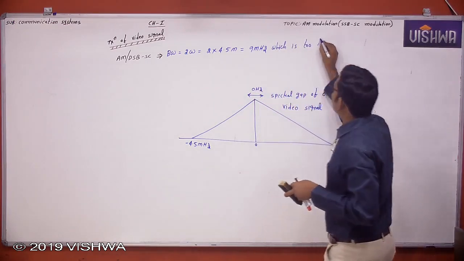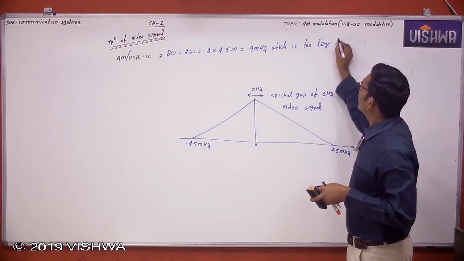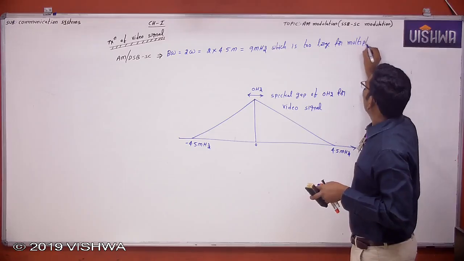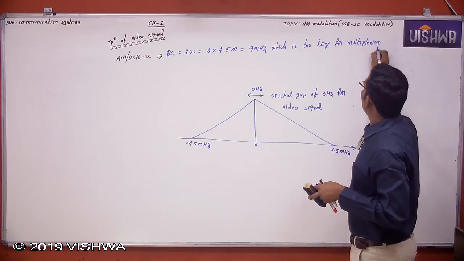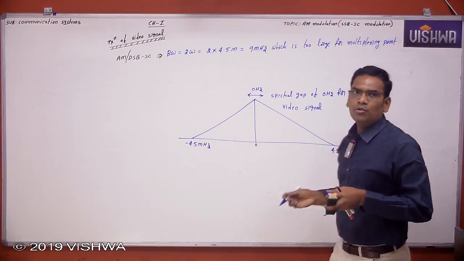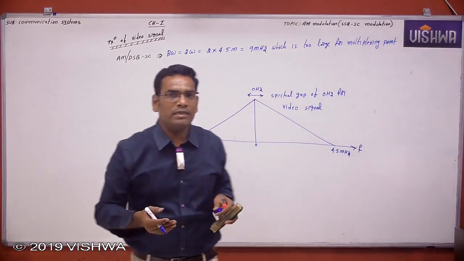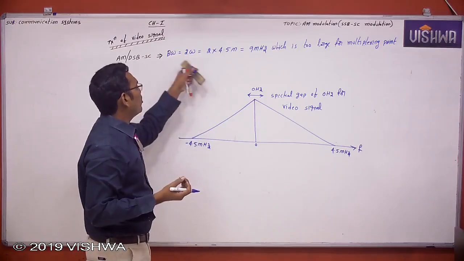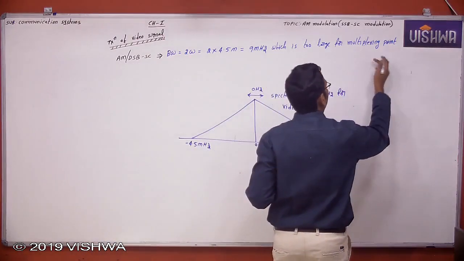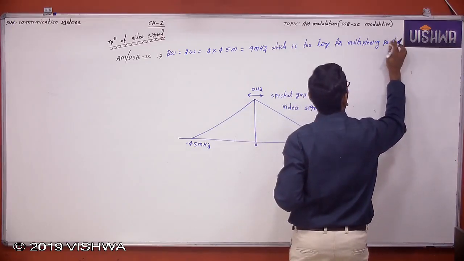too large from the multiplexing point of view, because to transmit more number of signals, what is the condition? The bandwidth of the modulated signal should be as minimum as possible from the multiplexing point of view.